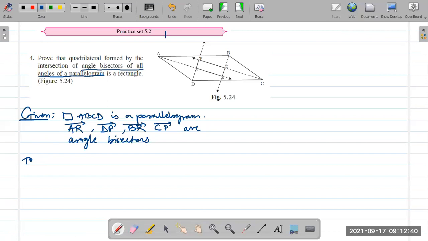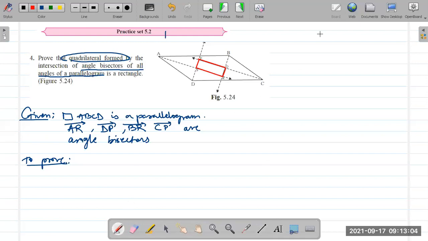Now what are we asked to prove? We are asked to prove that the quadrilateral which is formed by the intersection of these angle bisectors, which is this one, is a rectangle. We have to prove that this is a rectangle.